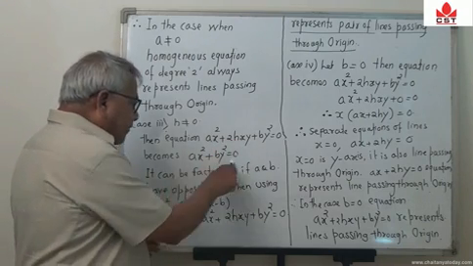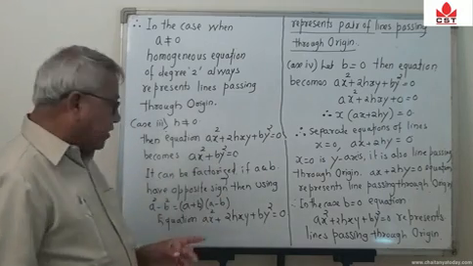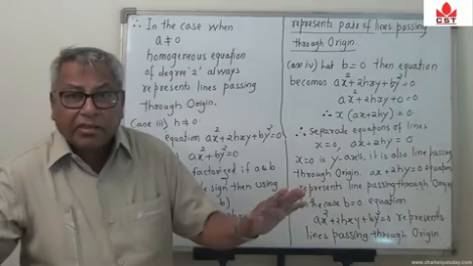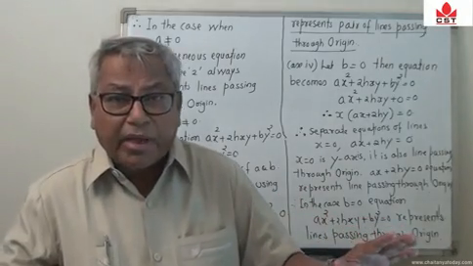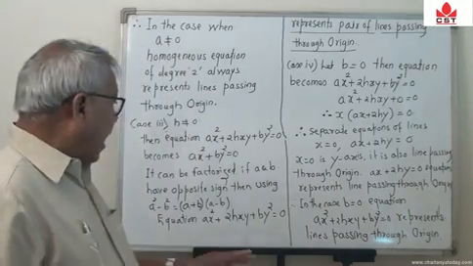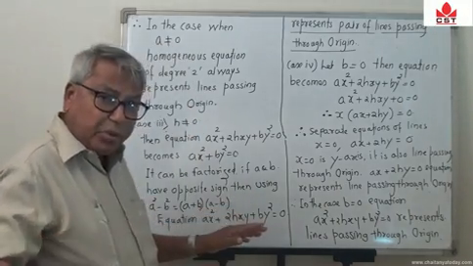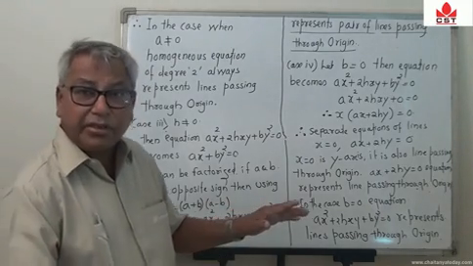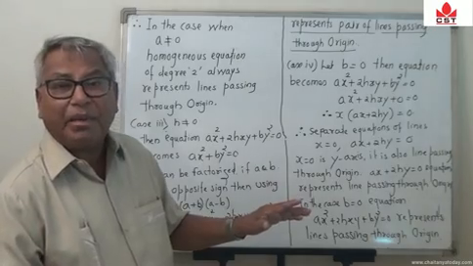Now, it can be factorized only if a and b have opposite sign. Otherwise, for a square minus b square, we have the factors a plus b, a minus b. If a square plus b square is there, we cannot factorize. We have the factors, but in a complex frame, a plus ib, a minus ib.